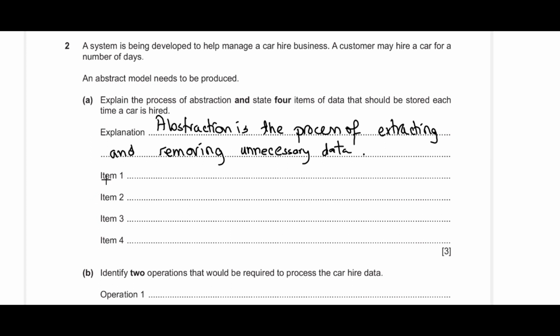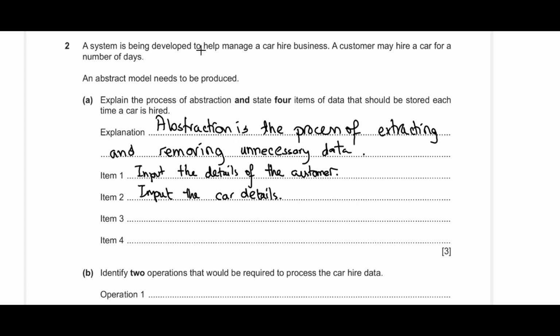First of all, we want the details of the customer, so you want the input and the details of the customer who is hiring the car. For item number 2, we would say the car details, what car the customer is hiring, so input the car details.